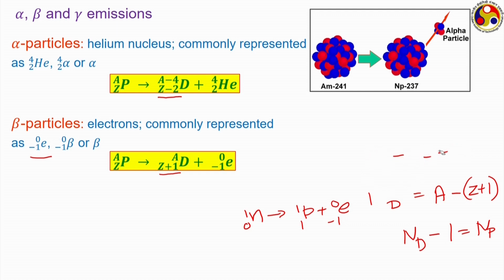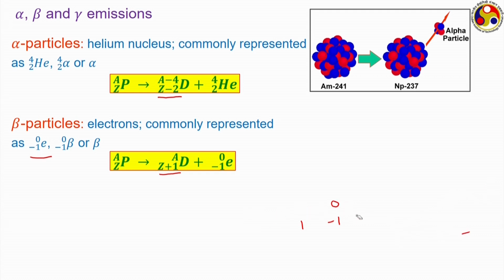The proton increases the atomic number of the daughter by a unit, whereas the electron goes out in the form of the beta particle. However, the mass number of the daughter remains unchanged, because while the number of neutrons has reduced by 1, the number of protons has increased by 1.